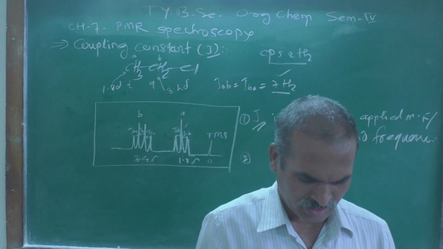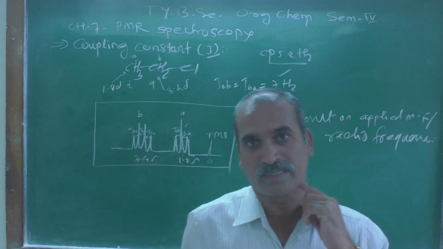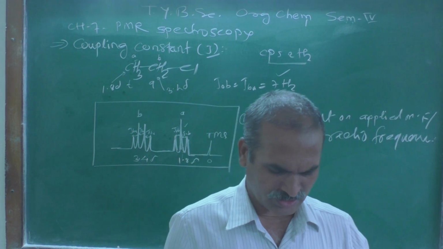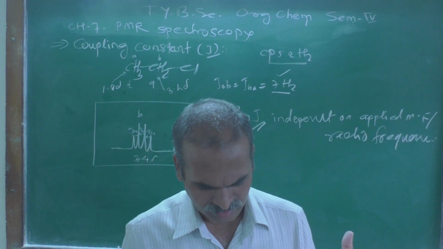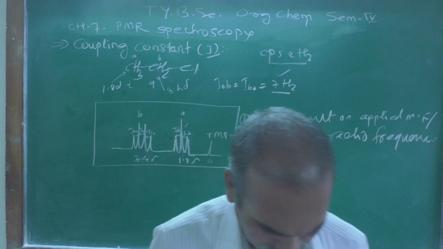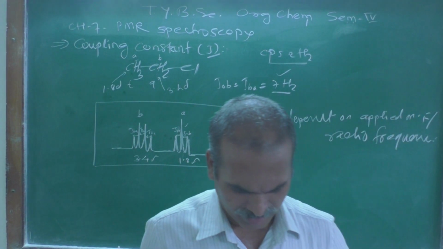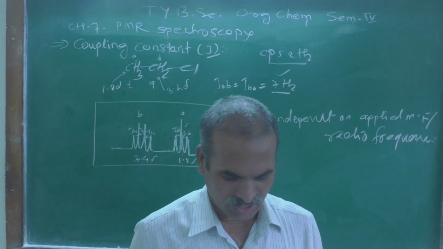Now here a table is shown. Table 7.4 shows typical structural patterns and their J values.